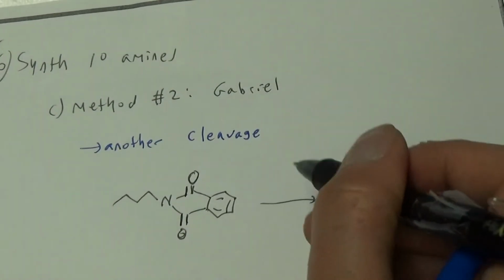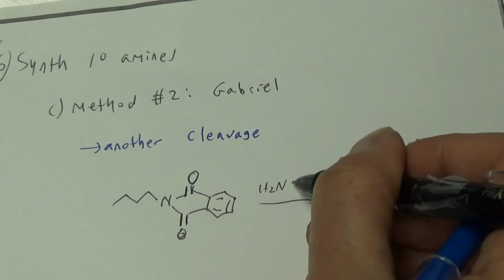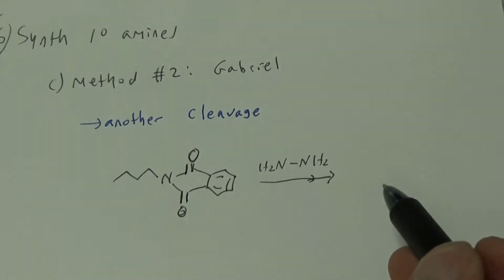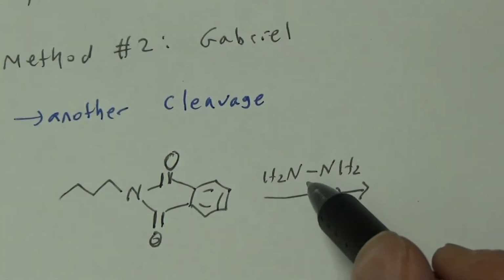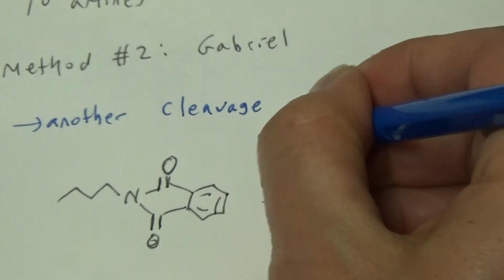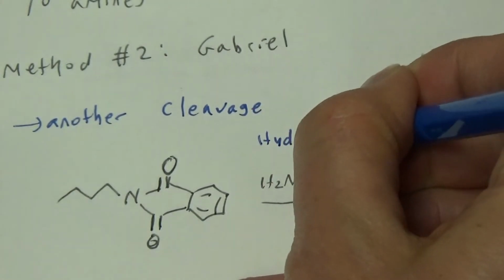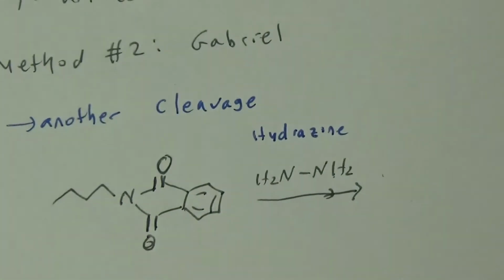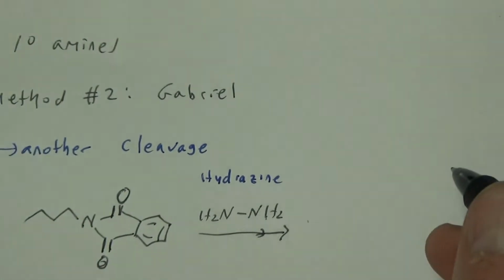You can also react this with this stuff. Do you remember what it's called? We saw it in the wet reaction. NH2, NH2, it's called hydrazine. It was in the Wolff-Kishner reaction, remember that? That'll be a fun one to review for the final.